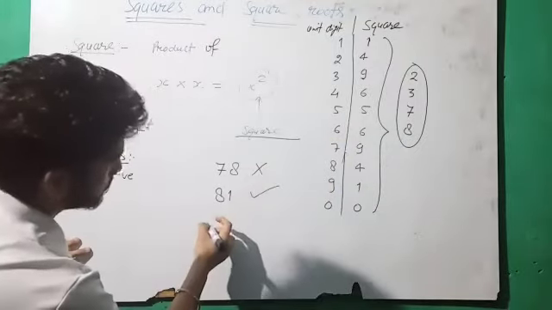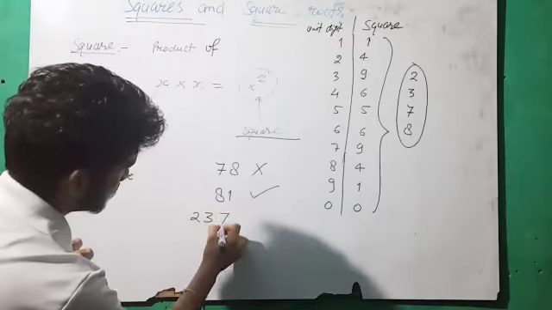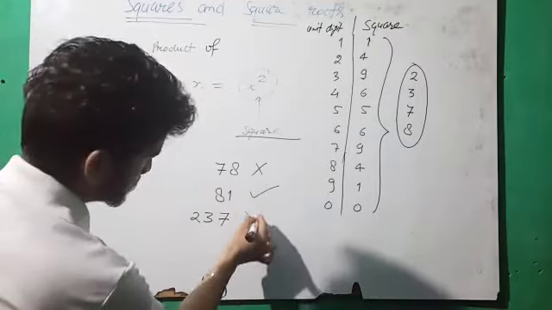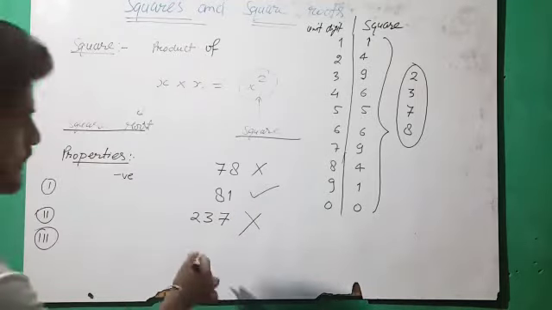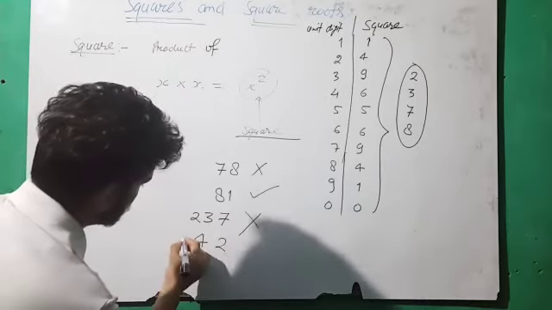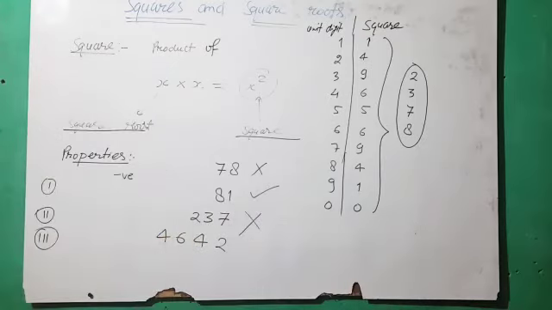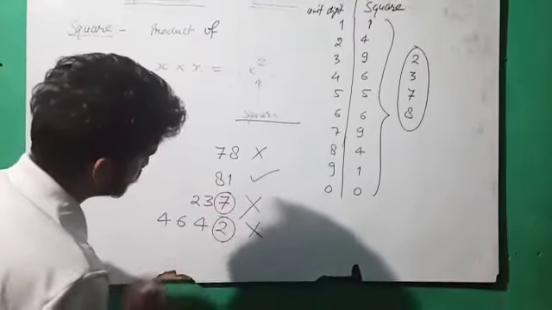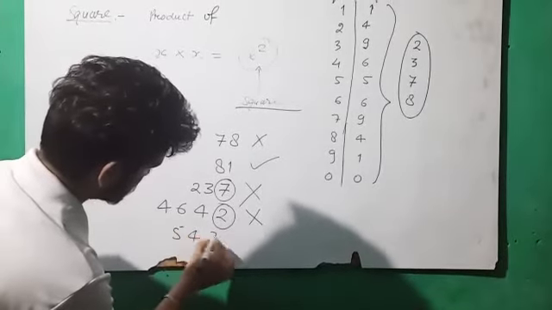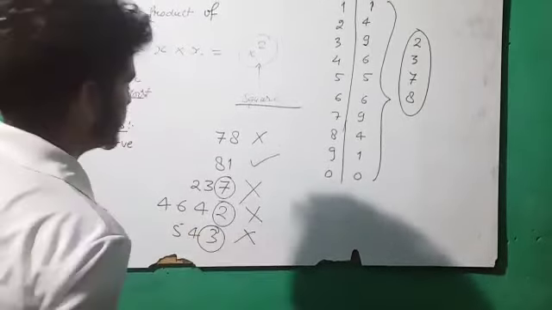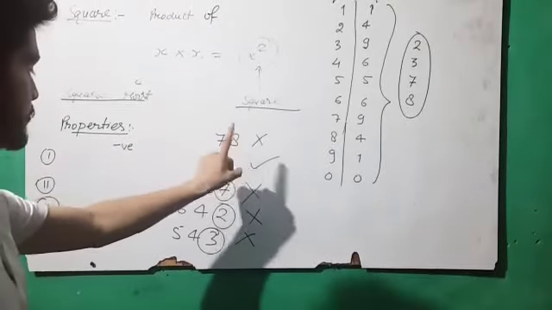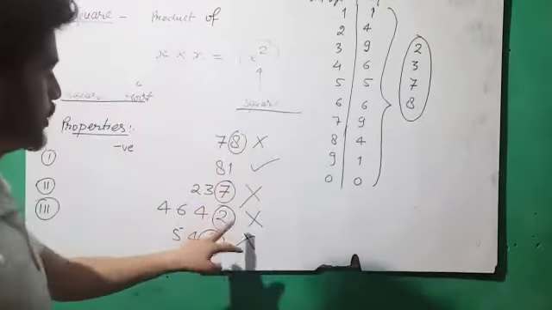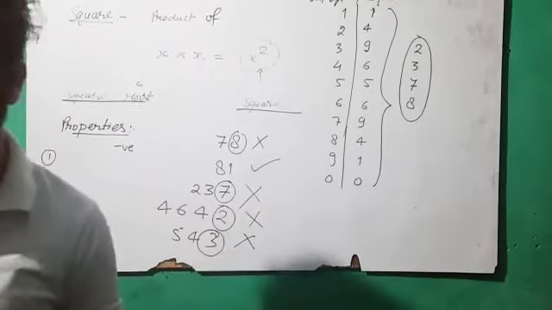Okay, first, if the number ends with 2, 3, 7, 8, then it is never a perfect square. If the unit place digit or the last digit of a number is 8, 7, 2 or 3, then it is never a perfect square.